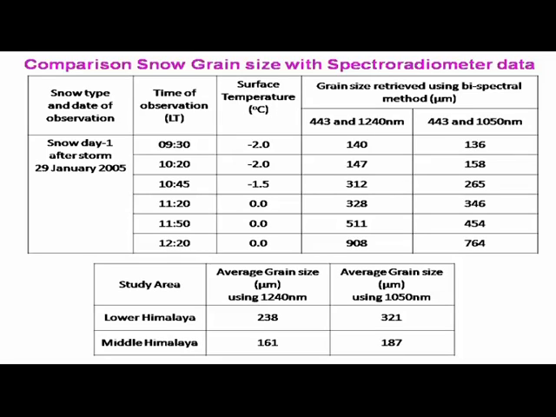That time it resembled very well with these grain sizes, 312 or 265. You can see here also 308 and 239. So this type of validation is also very important once you retrieve the snow grain size.